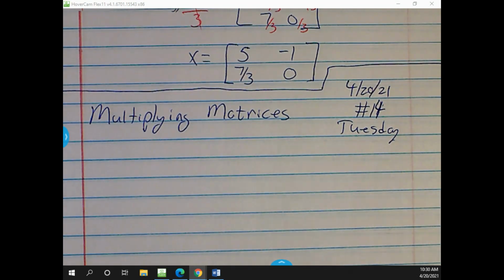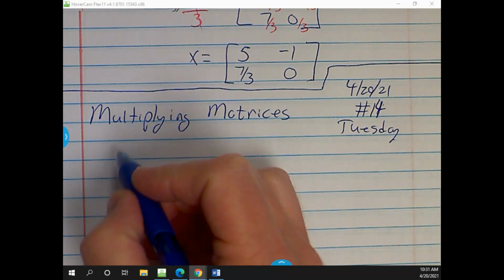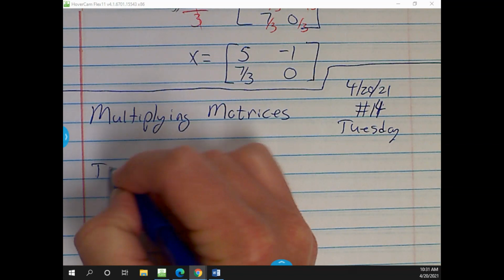All right, the very first thing with matrices, the first thing you've got to be able to do is know the size of a matrix, because that's always the contingency on this one. You can't just take two matrices of any size and multiply them together. There has to be a certain size fitting.